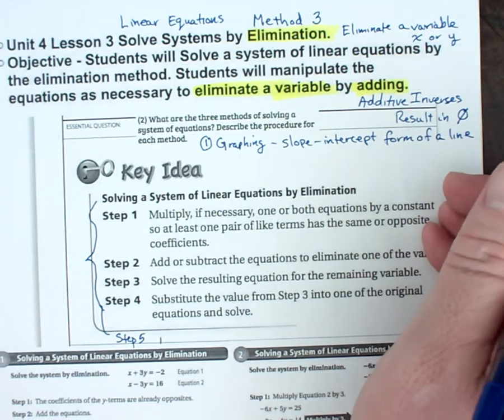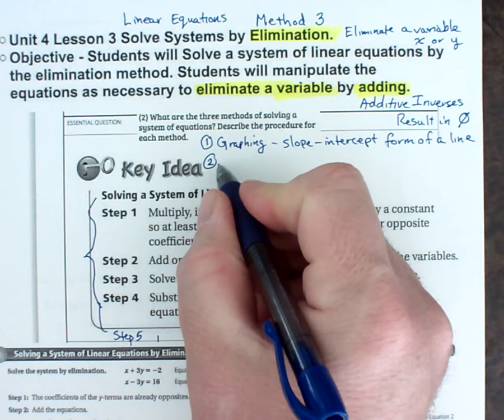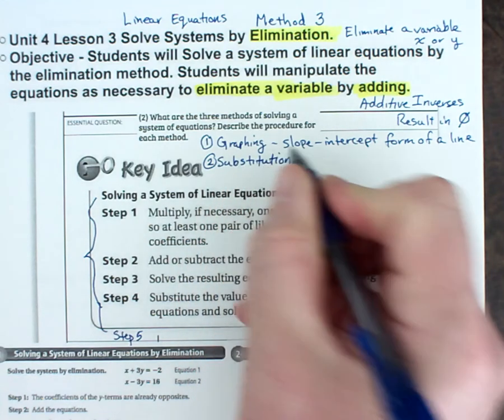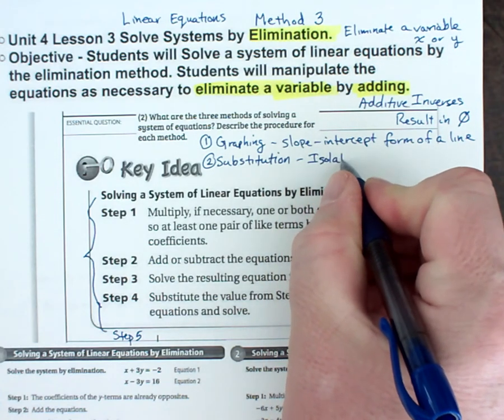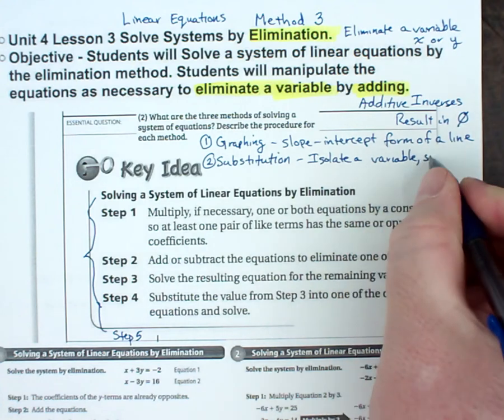So we have the slope, we have the y-intercept, and then we graph it. 2, we had substitution. To apply substitution, you have to isolate a variable and then substitute.